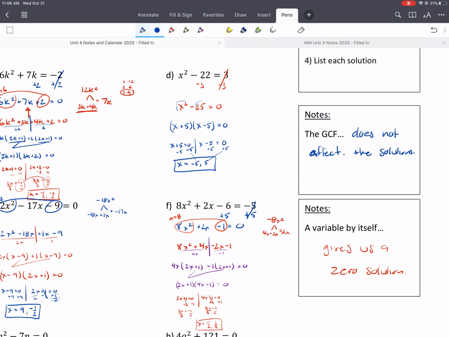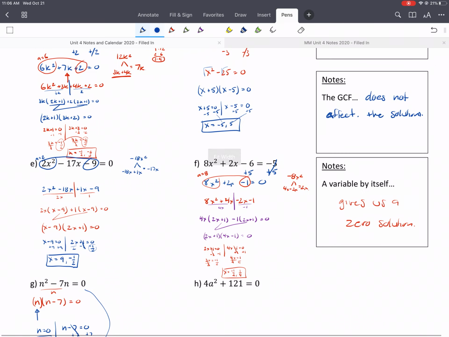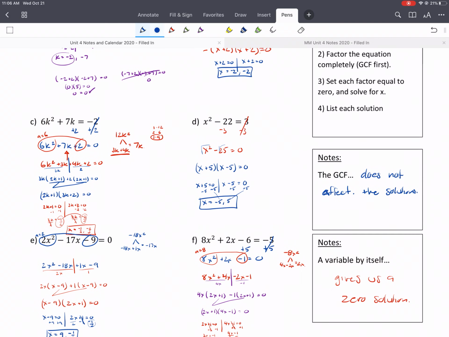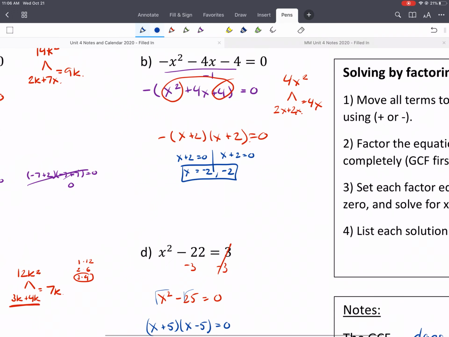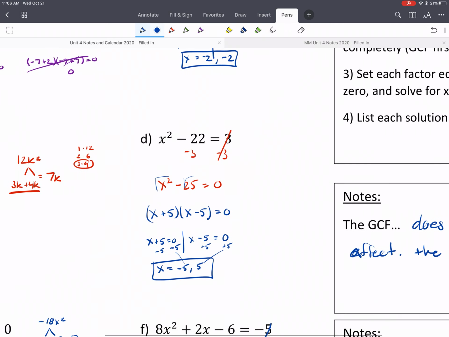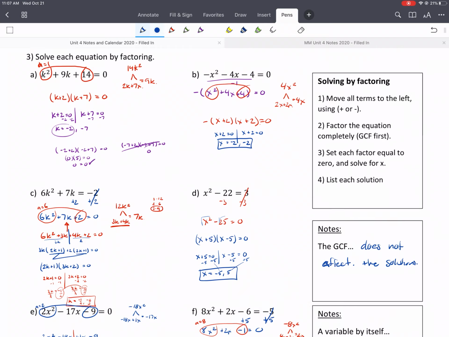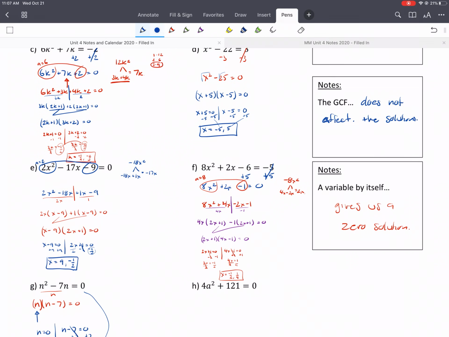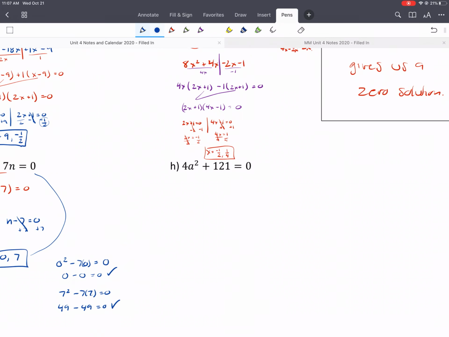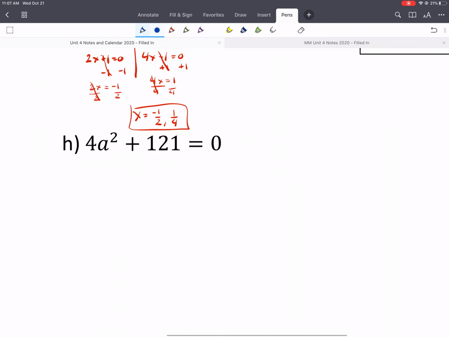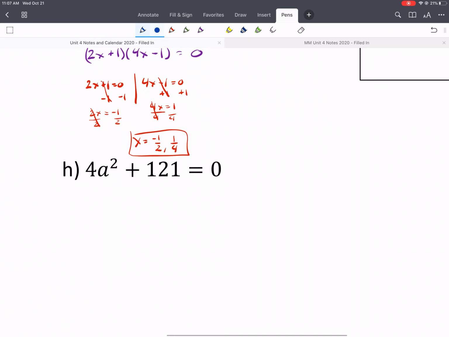Okay, so like here we factored out a negative. It doesn't affect your solutions. Is there any others we took out a GCF? No, I don't think so. All right, so yeah, it doesn't matter, okay? So GCFs don't affect your solutions.